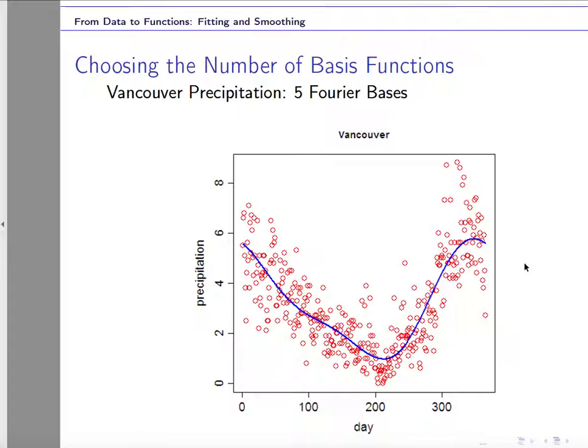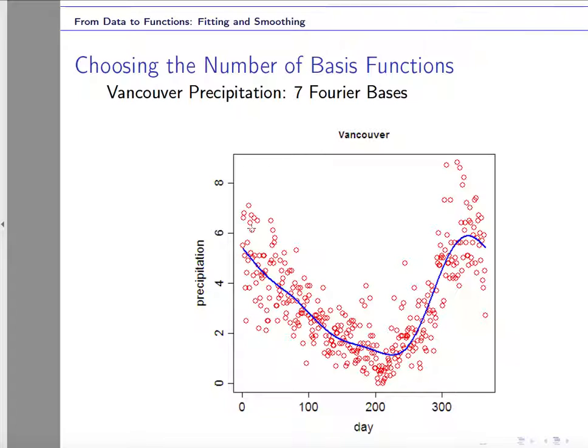And if we try 5, I think it is even better. It captures this left part better than the previous one. The previous one kind of levels off here, but actually we know in January we have a lot of rain, right?